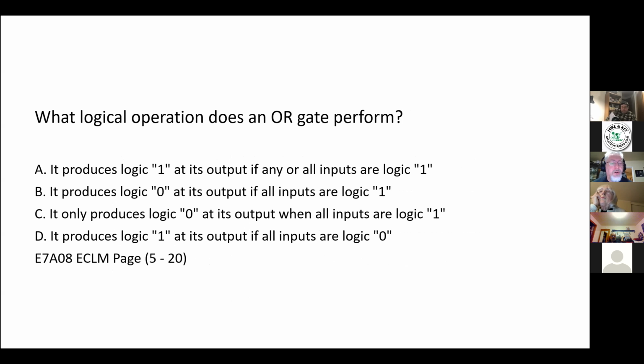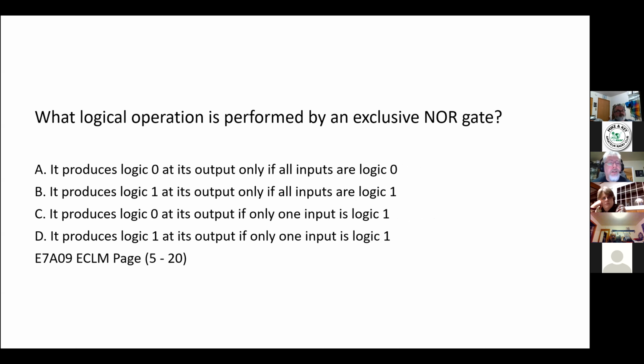C, it only produces logic 0 at its output when all inputs are logic 1. Or D, it produces logic 1 at its output if all inputs are logic 0. A. Alpha. Alpha is correct. Produces logic 1 at its output if any or all inputs are logic 1.